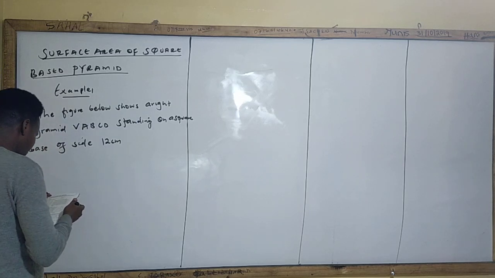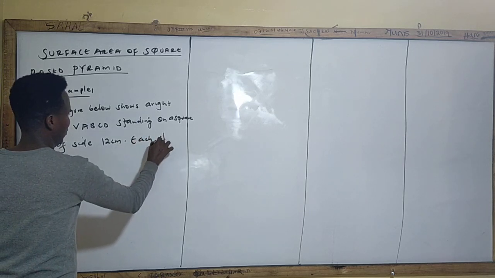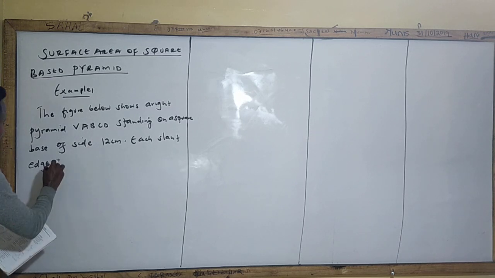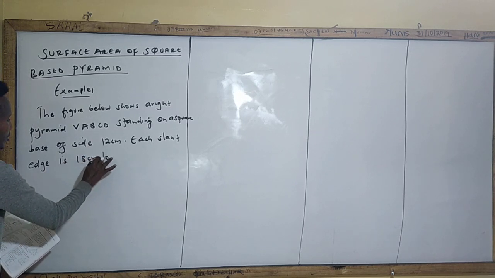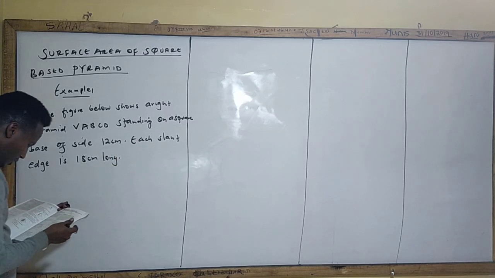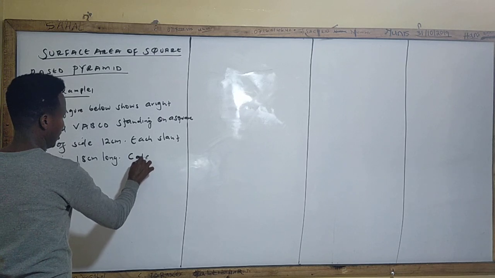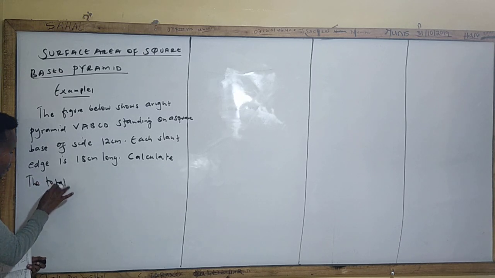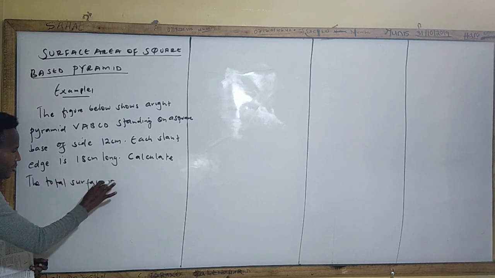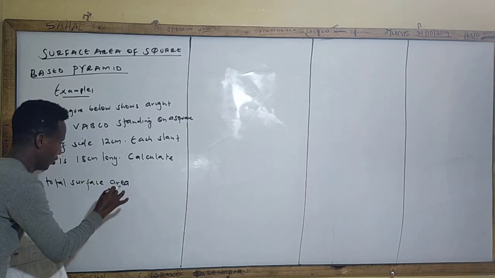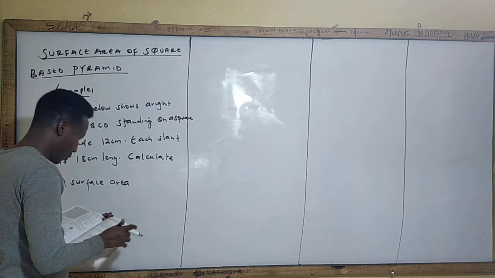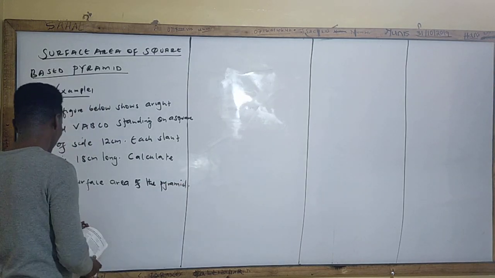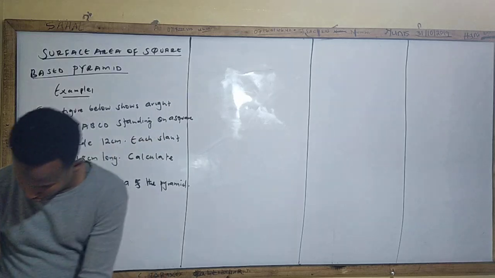Each slant edge is 18 centimeter long. You are told to calculate the total surface area of the pyramid.